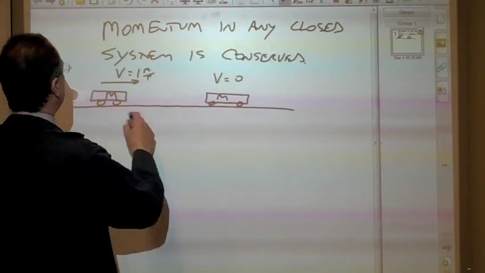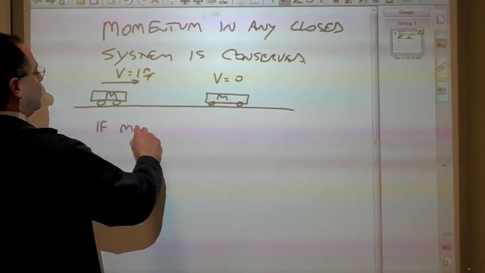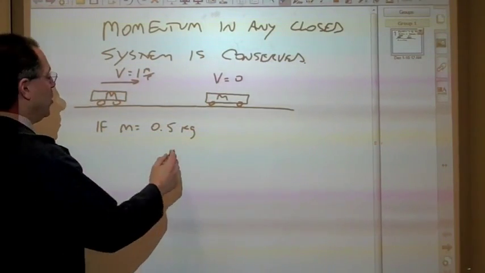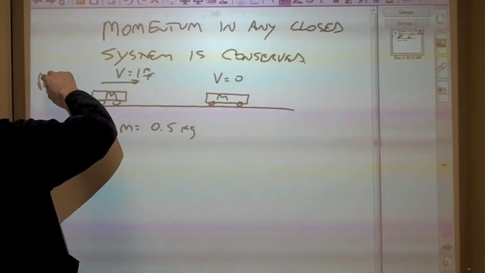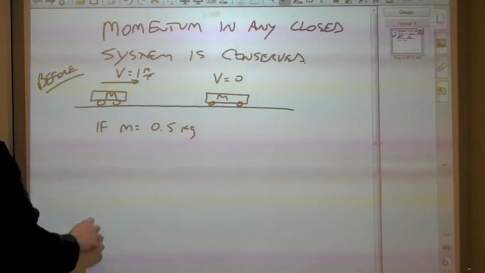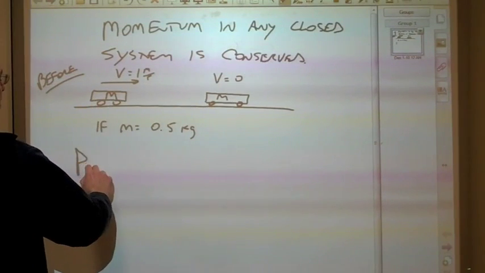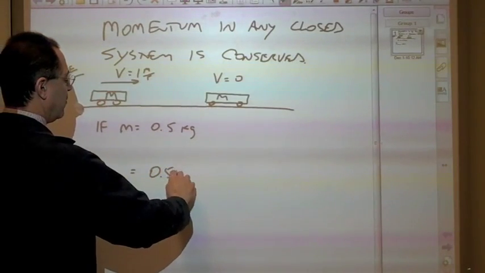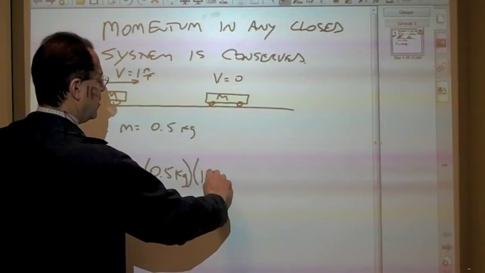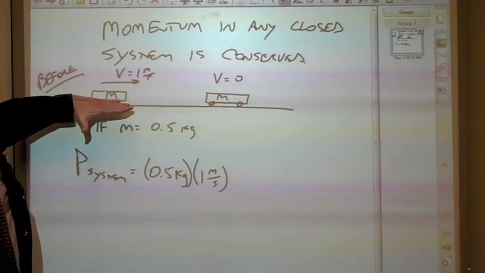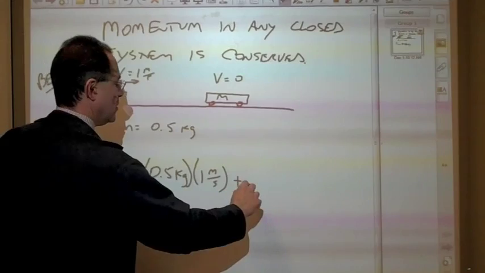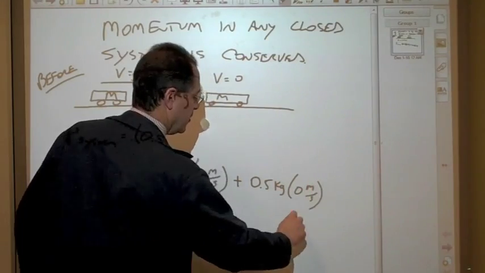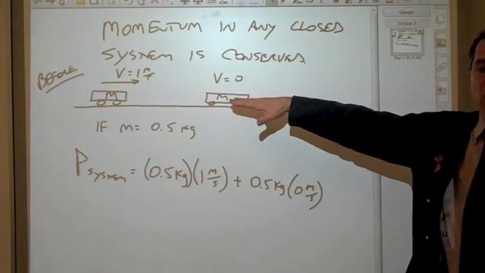Okay? If m is equal to, in this case, 0.5 kilograms, we can quantify the system before collision. Momentum of the system, P system, is equal to 0.5 kilograms times 1 meter per second, which is the momentum of this cart, plus 0.5 kilograms times 0 meters per second, which is the momentum of this cart, because it's not moving.